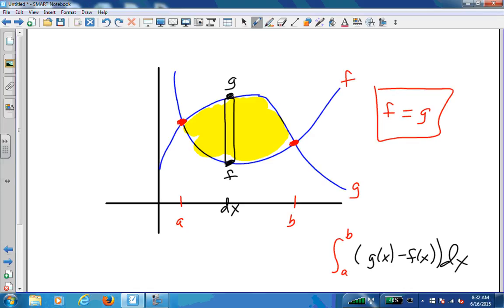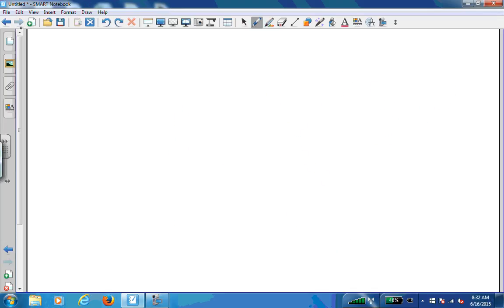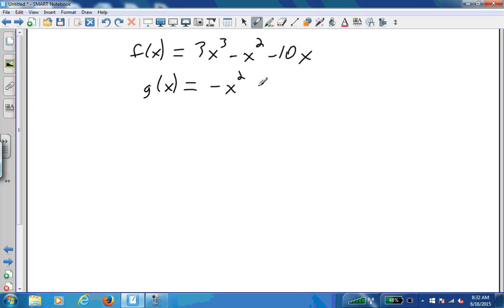So let's run through an example of that. Let's suppose we have the function f of x equals 3x cubed minus x squared minus 10x, and the function g of x equals minus x squared plus 2x.